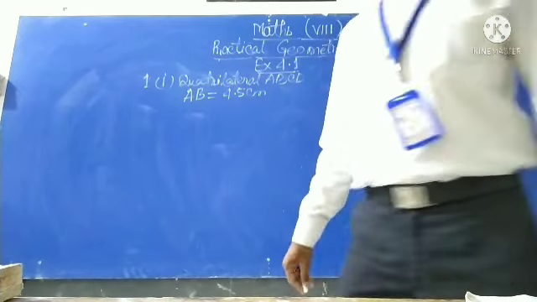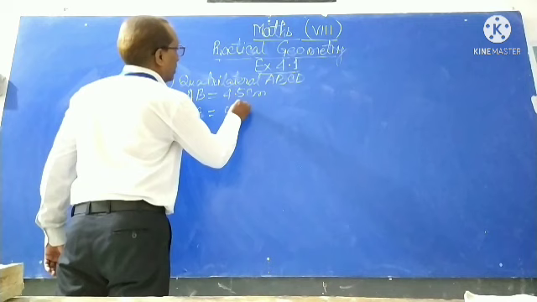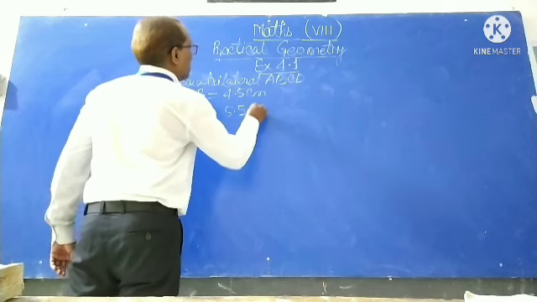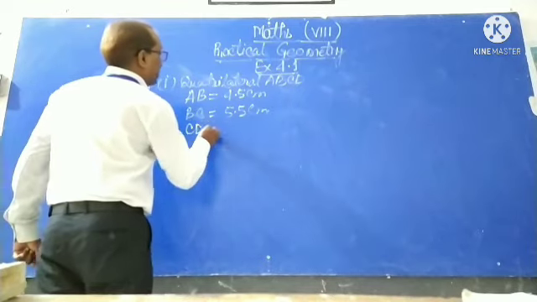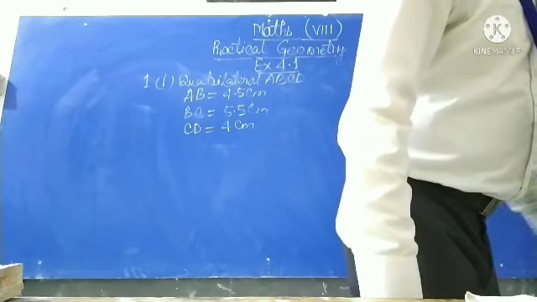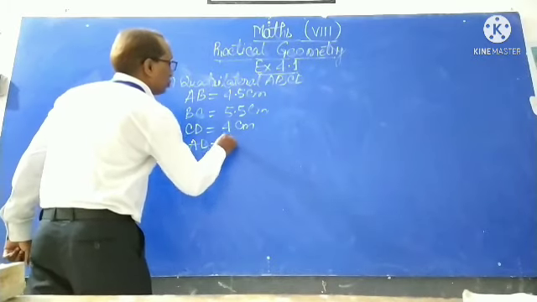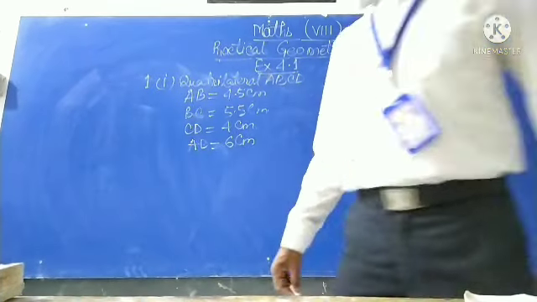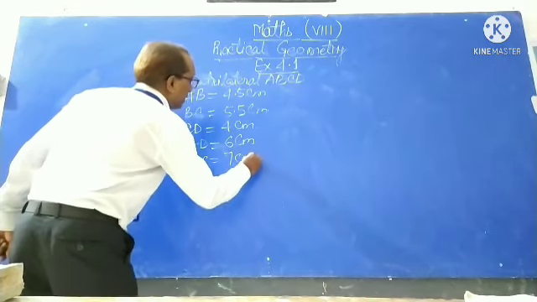BC is equal to 5.5 centimeter, CD is equal to 4 centimeter, AD is equal to 6 centimeter, and AC is equal to 7 centimeter.